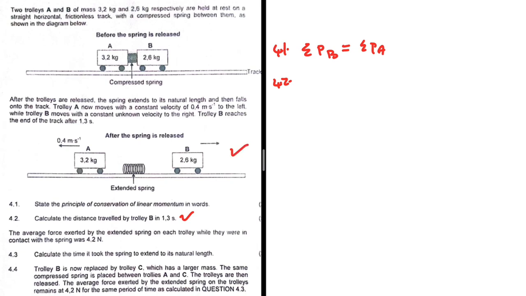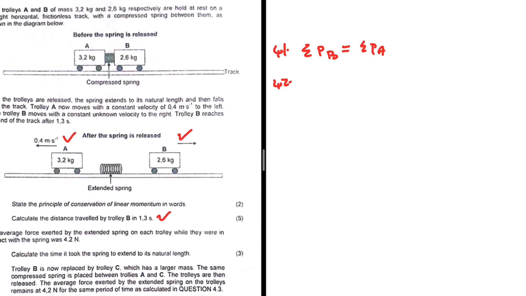After the spring is released, trolley A moves with a velocity of 0.4 meters per second to the left, while trolley B moves with an unknown velocity. That is the information we have. We're supposed to calculate the distance traveled by trolley B in 1.3 seconds. The mark allocation is 5 marks.